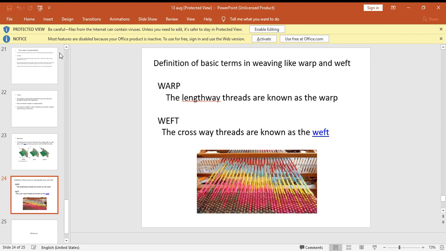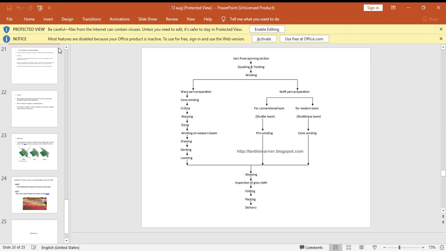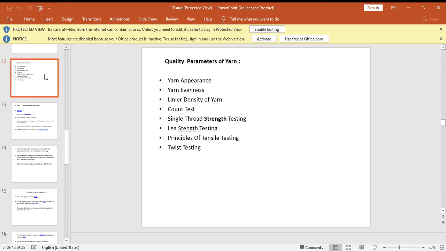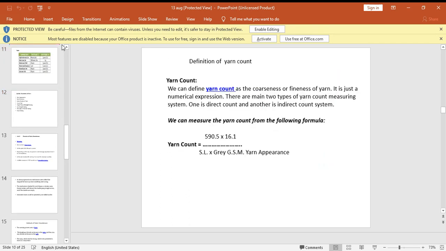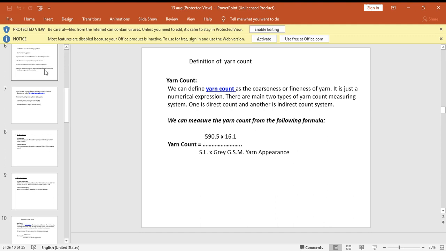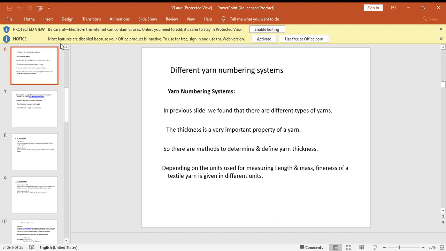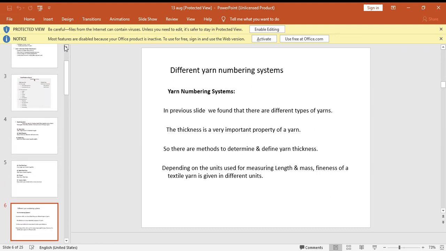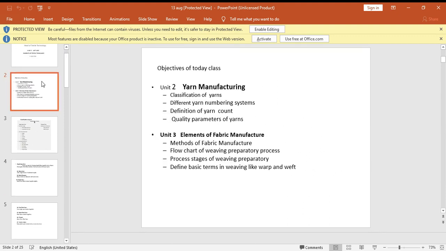Before completing today's class, what the objectives we have learned here are: in yarn numbering system, yarn manufacture, we learned about classification of yarns, different yarn numbering system, definition of yarn count, the quality parameters of yarns.